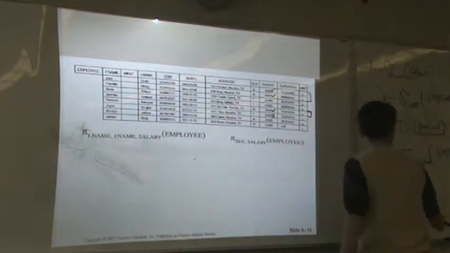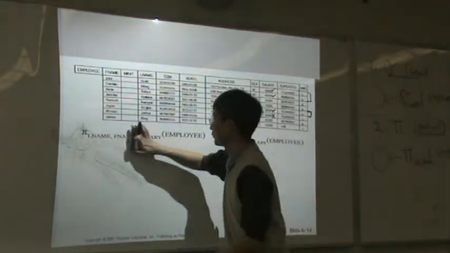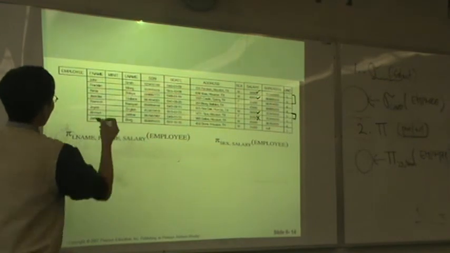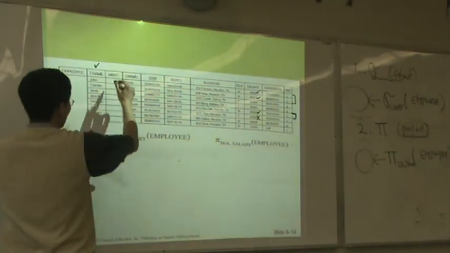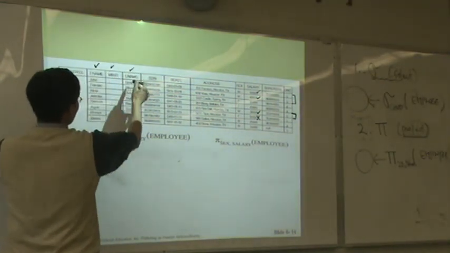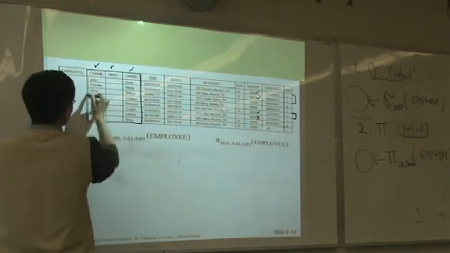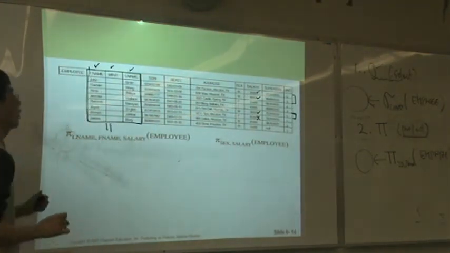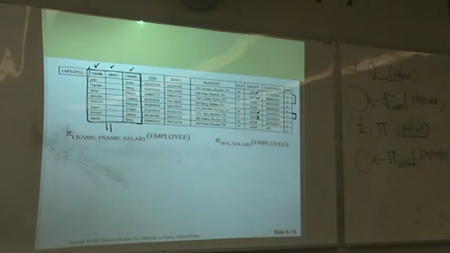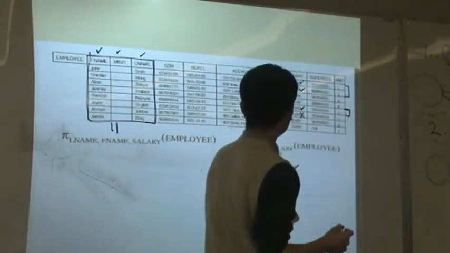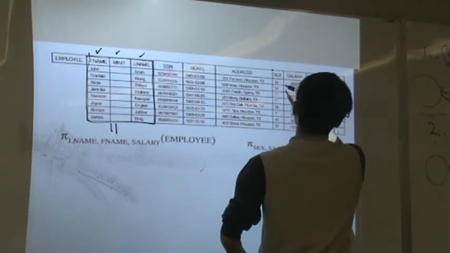Okay, so an example of this one. What will be returned? From employee, first name, last name, and middle name initial. This one will be returned, so this is the output of this, right? And what about this one? Sex and salary.